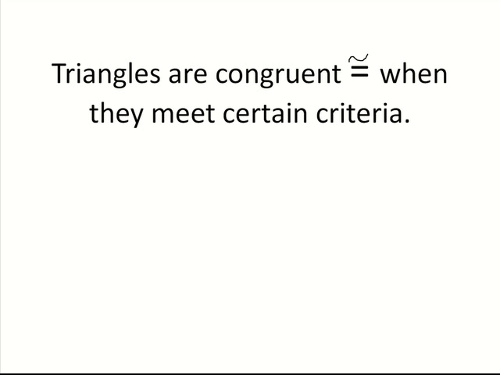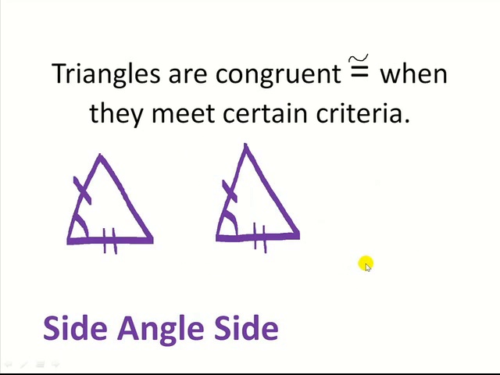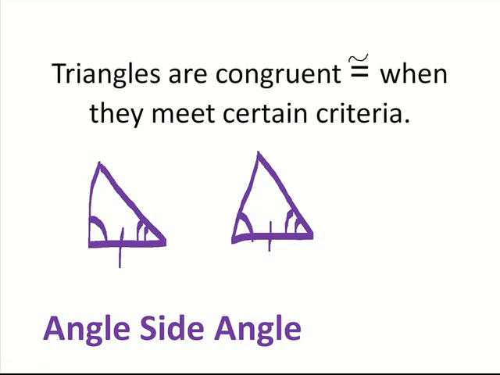Triangles are congruent. This little symbol right here means that they are congruent when they meet certain criteria. Side, side, side. The lengths of the sides are all the same. Then they are congruent. Side, angle, side. When the side is congruent to another side, the angle is congruent to the other angle, and the side is congruent to the other side, the triangles are congruent.